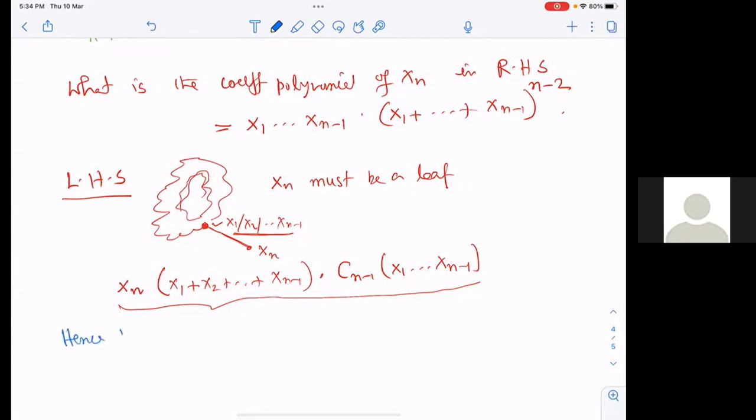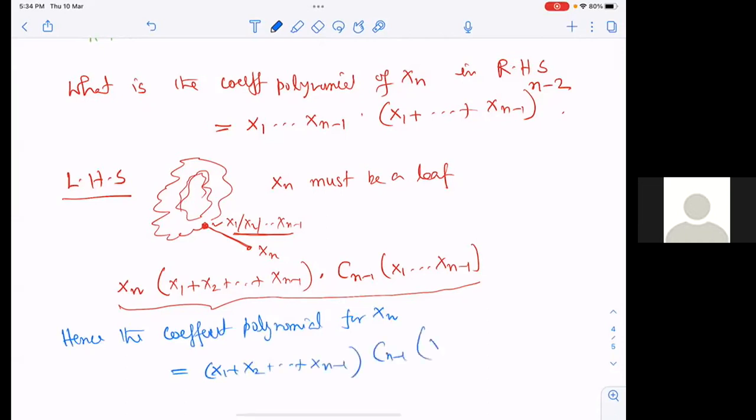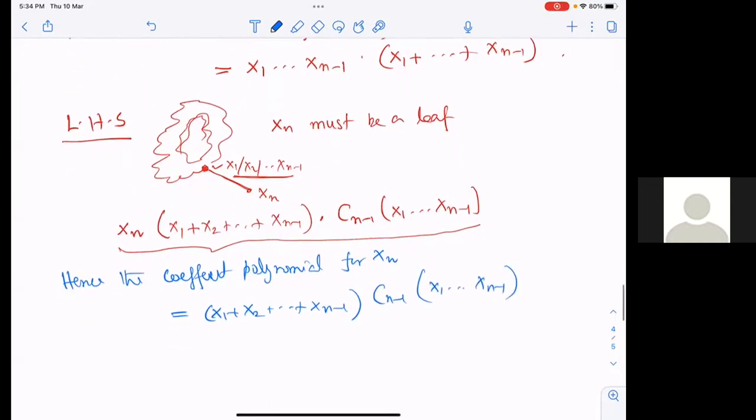Hence, the coefficient polynomial for xn is equal to x1 plus x2. This is a beautiful proof by Kelly. Cn minus 1. Now use the induction hypothesis.